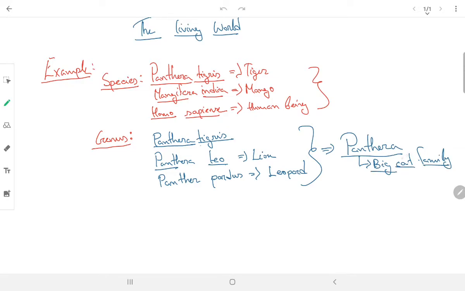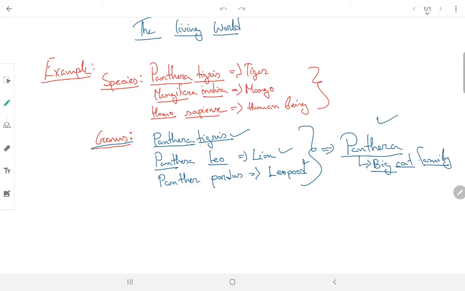Some more members are there, but here we are taking only three members. So similar species like tiger, lion, leopard, together they make a genus. Which genus? Panthera genus.